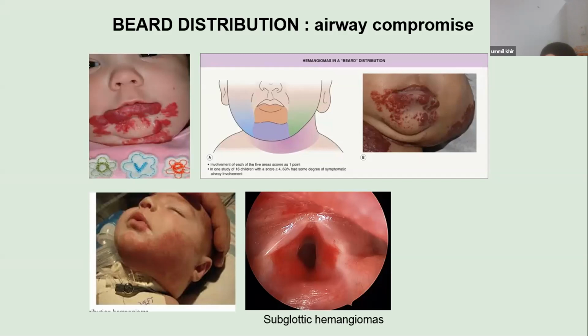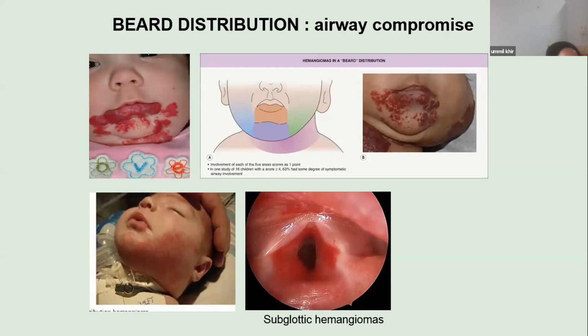So this symptom may progress from initial hoarseness or stridor to respiratory failure. So basically, the airway involvement can be confirmed using endoscopic visualization. Okay, the next slide.